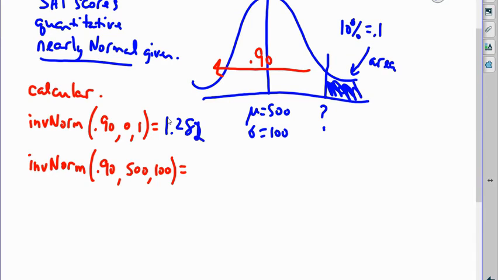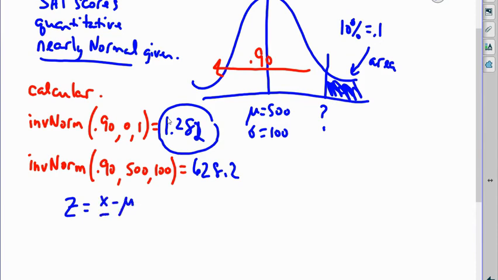And we found that we had 628.2 for an SAT score. What they would have thought you would have done is found this number, although probably not as precise, and you would have used this formula to find out what x is.